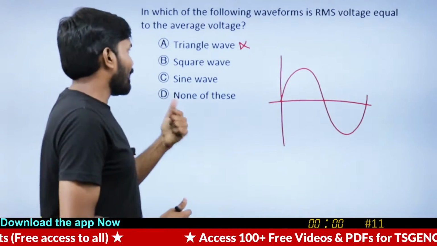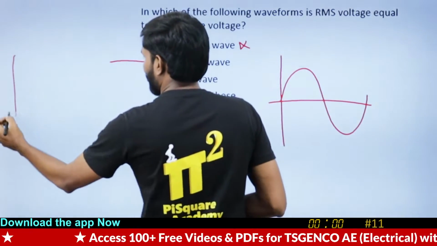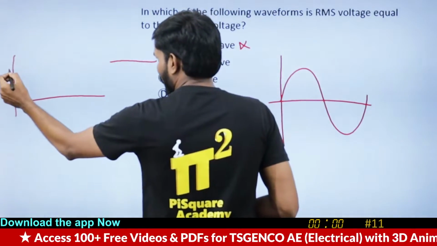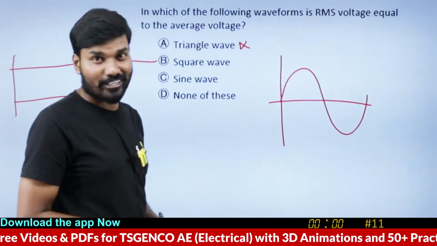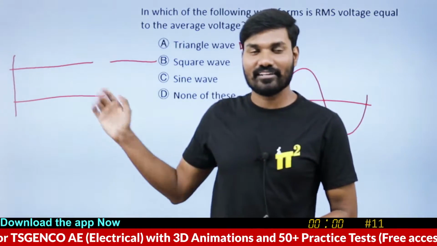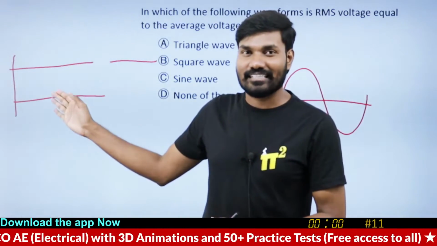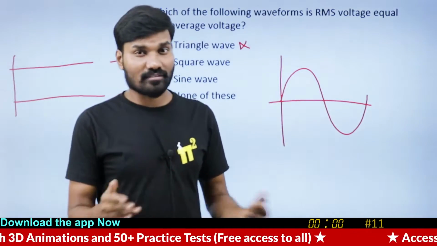So when you take that, this square wave is no more going to be a square wave. It is going to be simply constant after full wave rectification. So it's simply a DC. For a DC, maximum value, average value, RMS value are all the same.